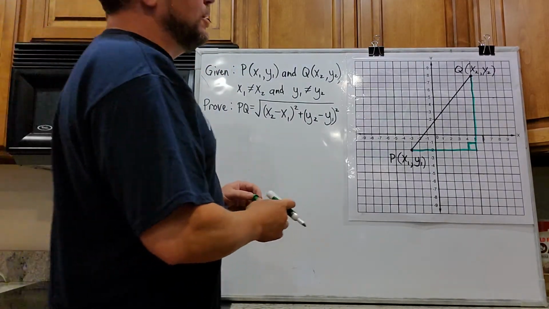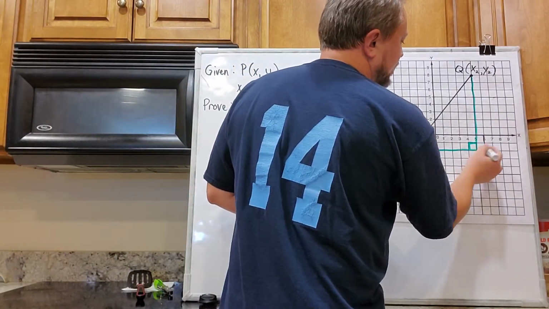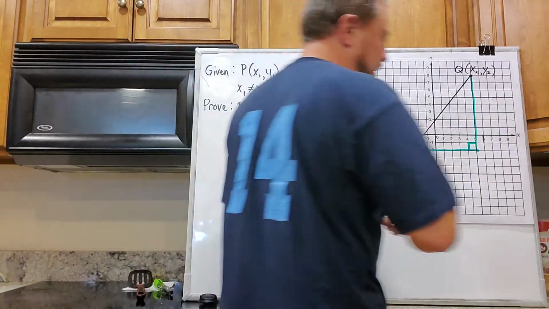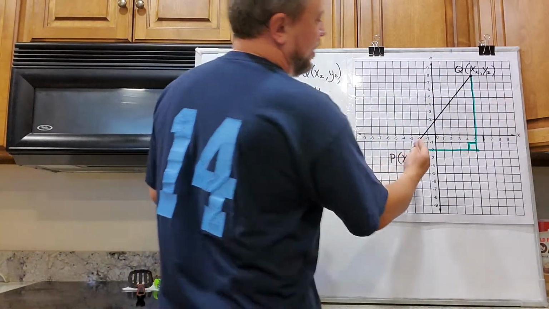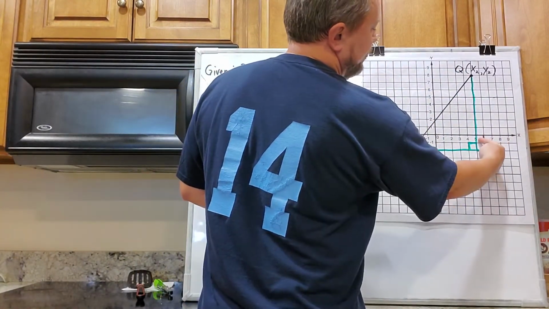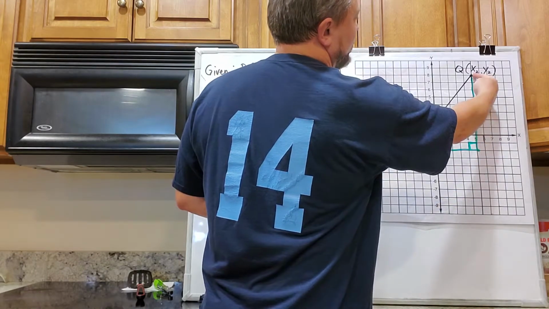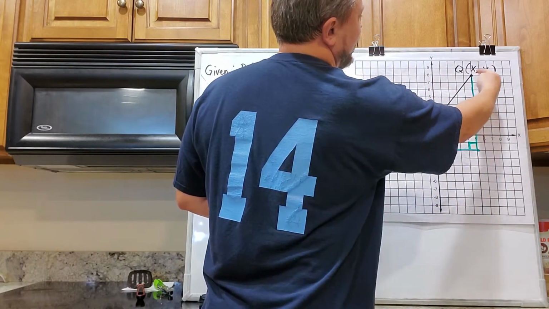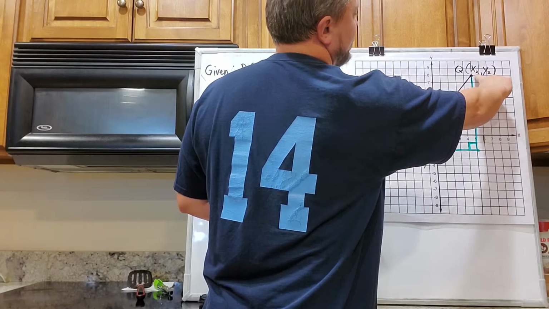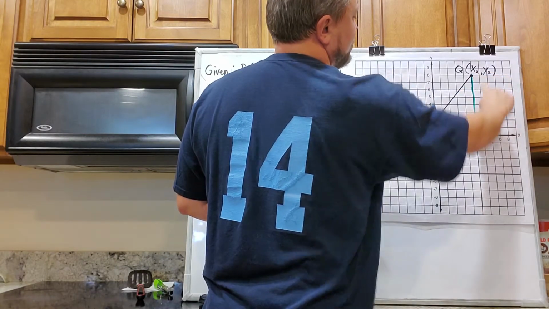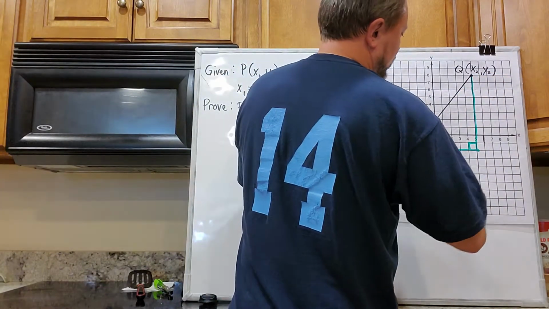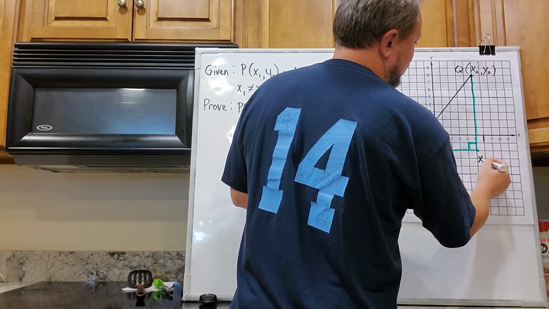In fact, the coordinates of this point right down here in the corner: the x value of it, see how it's a 5 on here? Well, up here we have an x value of 5, so it has the same x value as up here. This x2 is also the same coordinate here. This would be an x2.